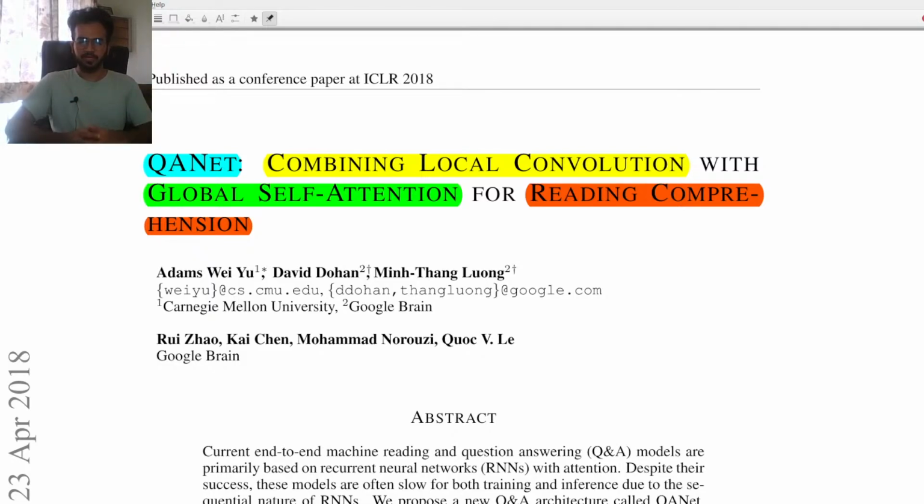It was the first architecture that we read in depth and then implemented to solve the question answering problem. At the time of this paper, SQuAD was the standard for question answering problems, but last year we also had access to SQuAD 2.0, and our efforts were to solve that problem.